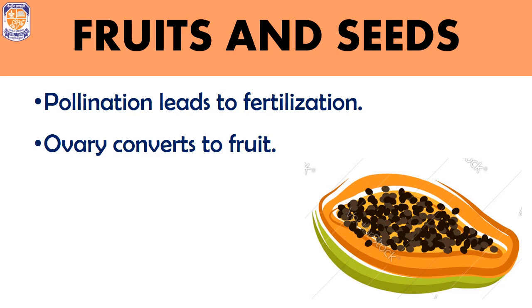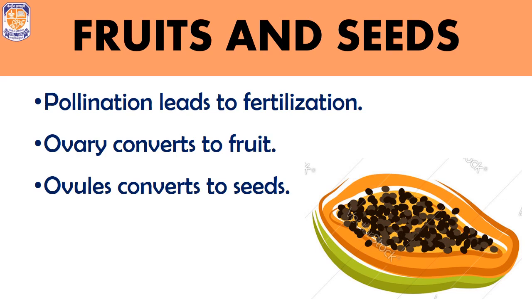So after the fertilization, the ovary converts to fruit and the ovules convert into seeds. Always remember, fertilization will work only when the pollination is taking place between the same species. Meaning a mango plant will start the development of its fruit only when the pollen from one mango flower reaches the stigma of another mango flower only.